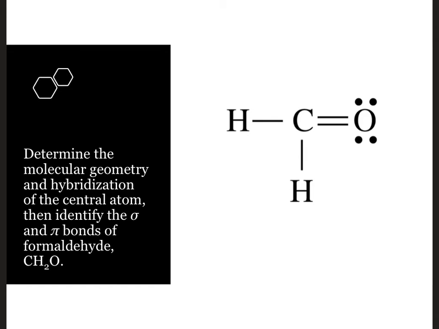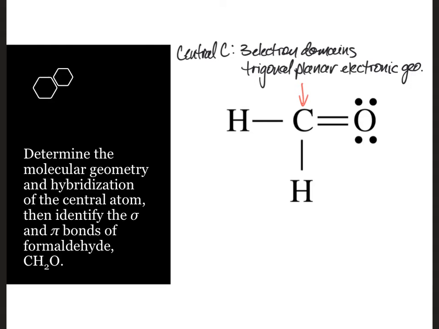Let's work through an example together. If we look at the central carbon atom, we see it has three electron domains around it, none of which are lone pairs. This gives us a trigonal planar electronic geometry. Carbon forms three sp2 hybrid orbitals.